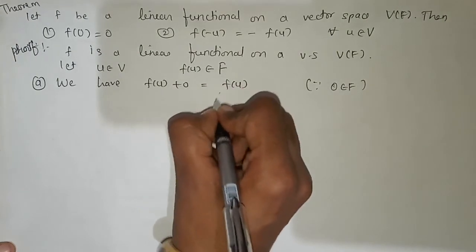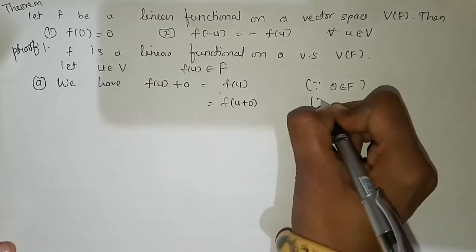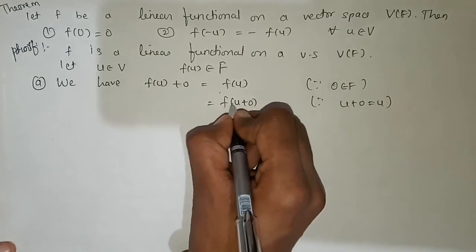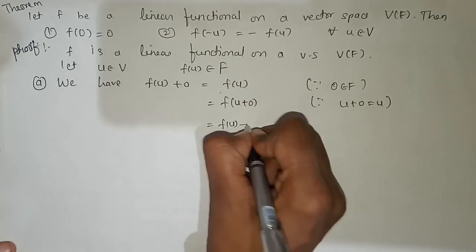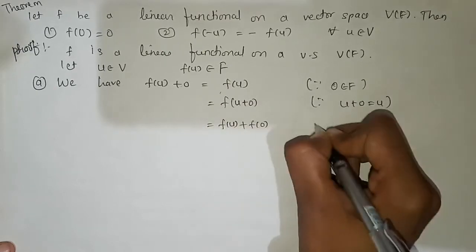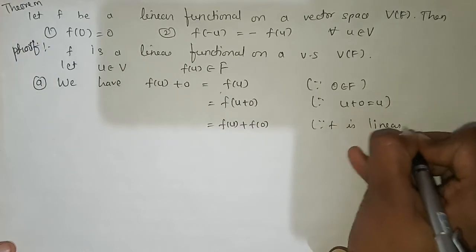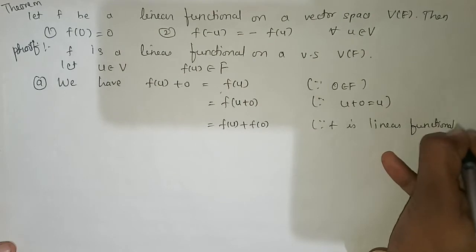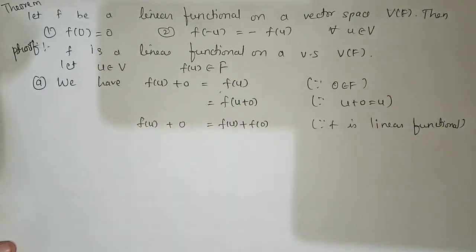Now I can write this as f(u plus 0), since 0 plus u is nothing but u only. Now here f is linear, so I can write this as f(u) plus f(0), since f is a linear functional. Now here we are getting f(u plus 0) as f(u) plus f(0).